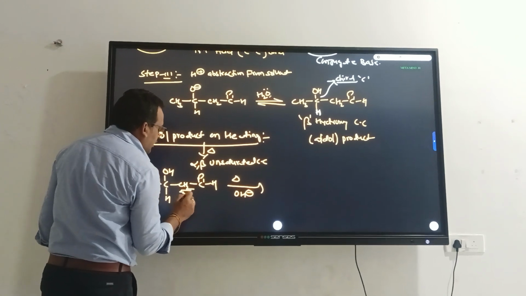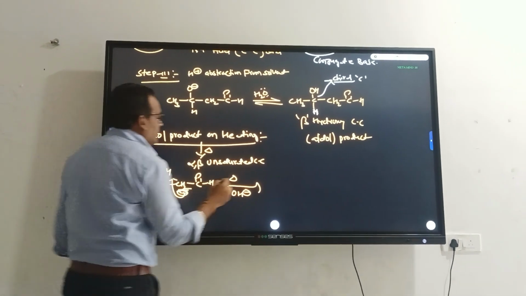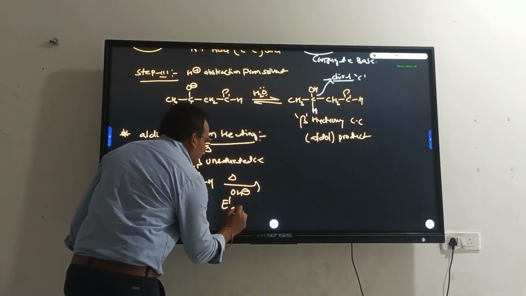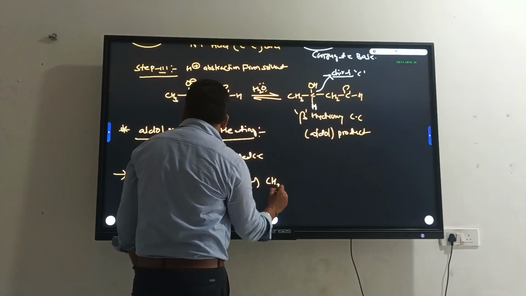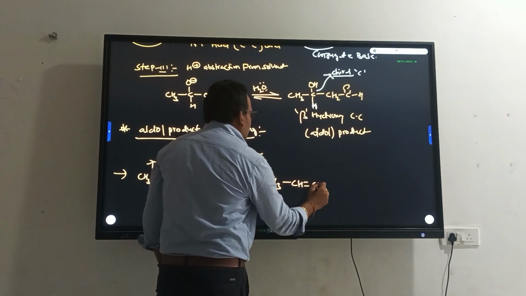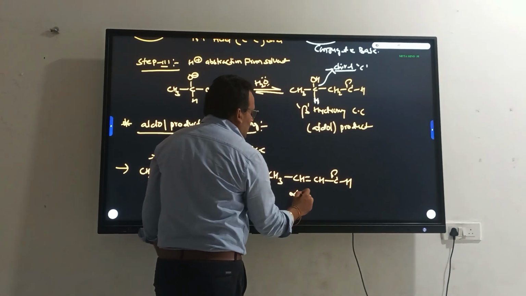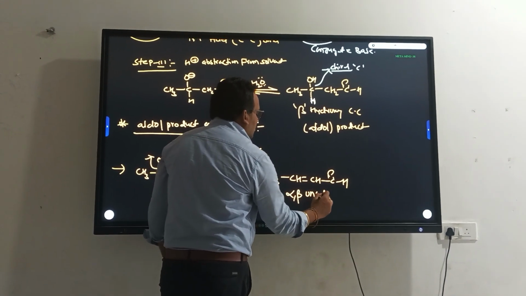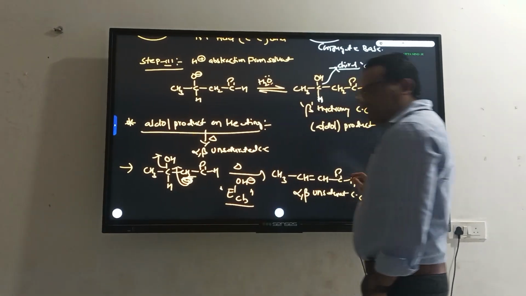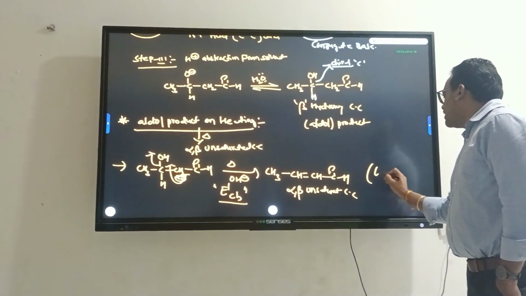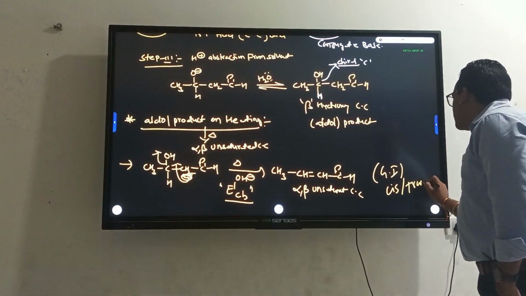It will form a negative charge, and this negative charge will go here and the OH minus is eliminated. This one will follow the E1CB mechanism. Here you will get CH3 CH double bond CH C double bond OH. This one we call an alpha beta unsaturated carbonyl compound, and this one will show geometrical isomers, meaning you will get cis and trans products.